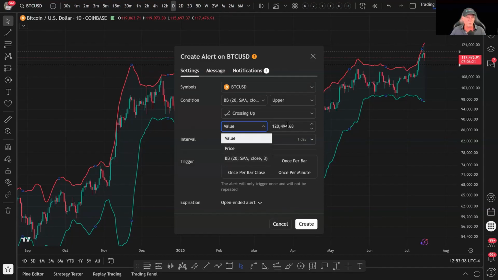It's either asking me for the value, which we would approximate, but let me just test that. And if I put it on price value or BB20 SMA close 3, that doesn't specifically tell me. That says it on the symbol. I'm going to leave it as there. Now on the basis line, that's a little confusing. Why would it do that? Crossing up.